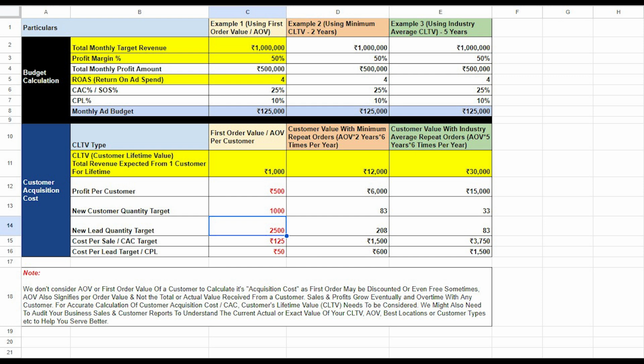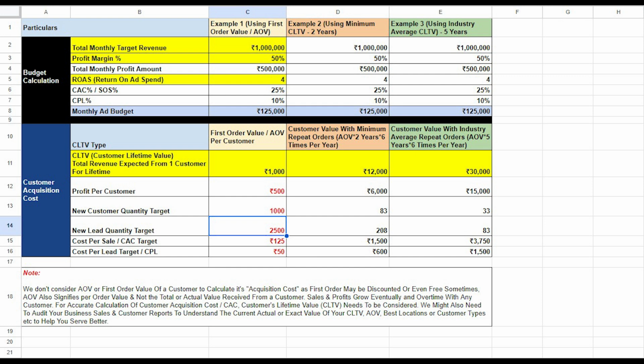Suppose your average order value is 1,000 rupees for ease of calculation, and any customer in general stays with your business for around 2 or 3 years. Let's consider 2 years, and if not 12 months, let's consider your business is seasonal, maybe a few days or few months it peaks up and a few months it's on the lower side or off season.